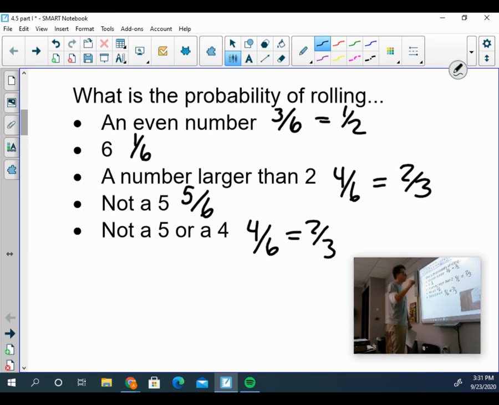The number of favorable outcomes divided by the number of possible. If I'm looking for an even number, the favorable outcomes are a 2, a 4, or a 6, whereas for the possible outcomes, there are 6 different numbers, hence 3 over 6. Think about it for the number 6. The favorable outcome is rolling a 6. That could happen one way, and there are 6 possible outcomes, thus 1 over 6.